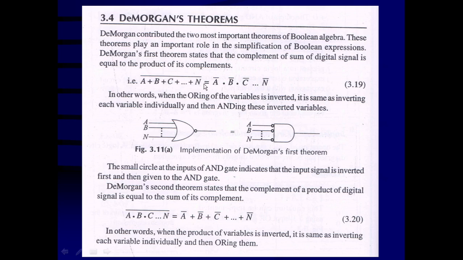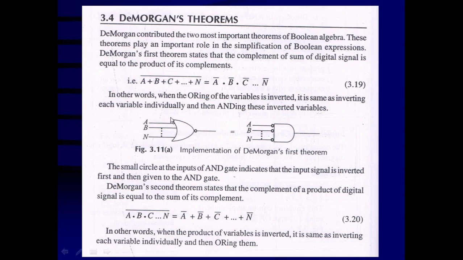This is equal to inverting each variable first and then ANDing these variables, which is called the bubbled AND gate: A bar dot B bar dot C bar dot etc., dot N bar. In other words, when the ORing of the variables is inverted, it is the same as inverting each variable individually and then ANDing the inverted variables.